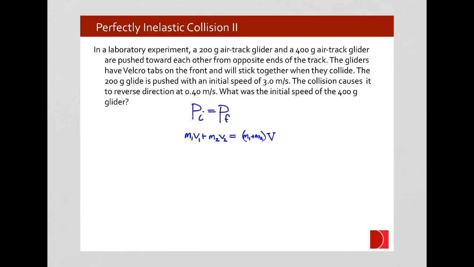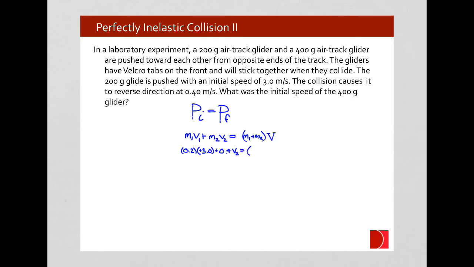Now that we have an algebraic expression for our conservation of momentum, we can plug in. We know the mass of the first glider, and we know that its velocity is 3. We know the mass of the second glider, but we do not know its velocity.